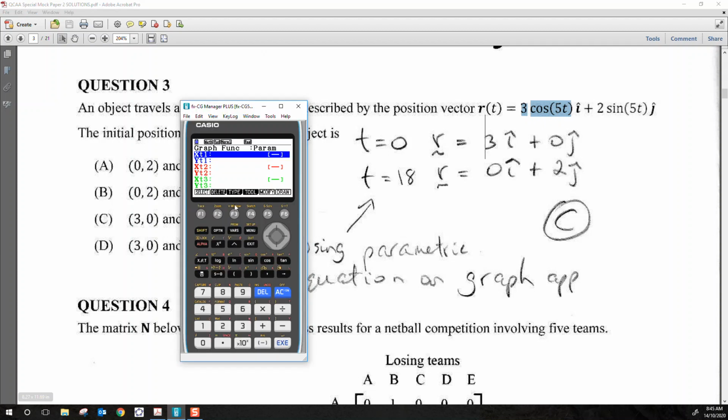So that's the bit that I'll put here, 3 cosine 5t. And when you're in parametrics, this key automatically enters t as a time parameter. Then 2 sine 5t for the y value.